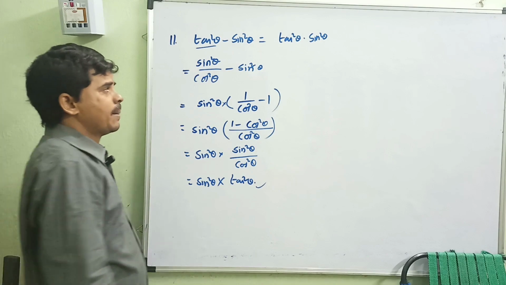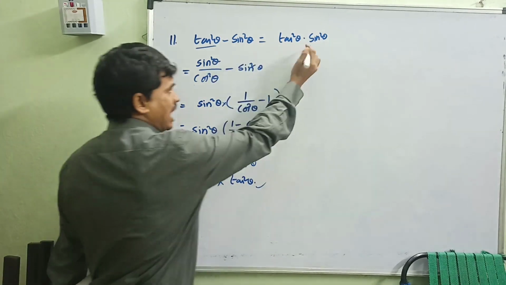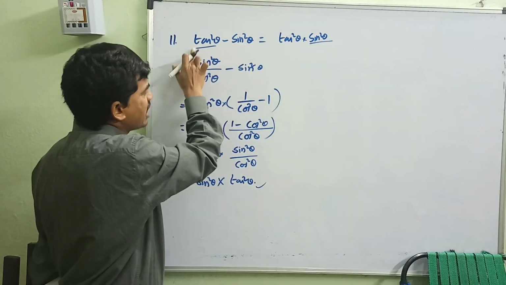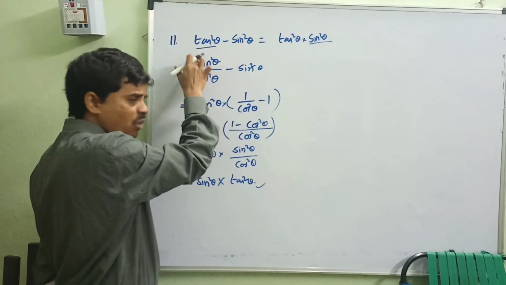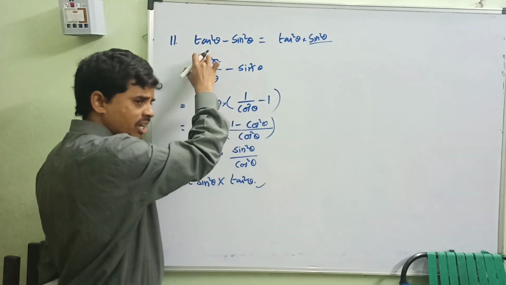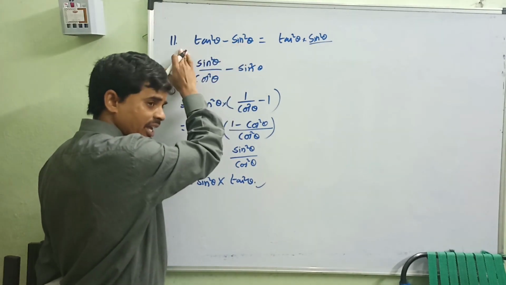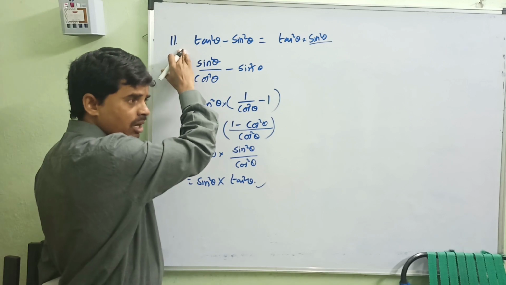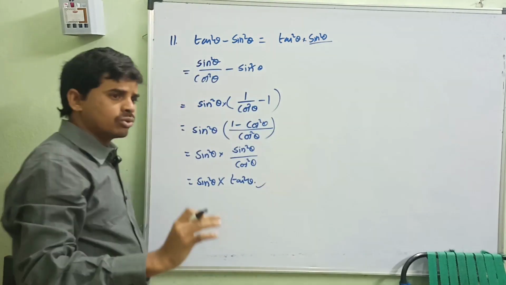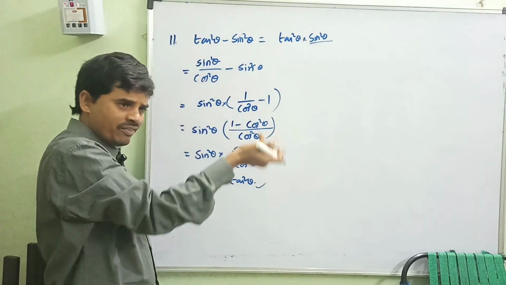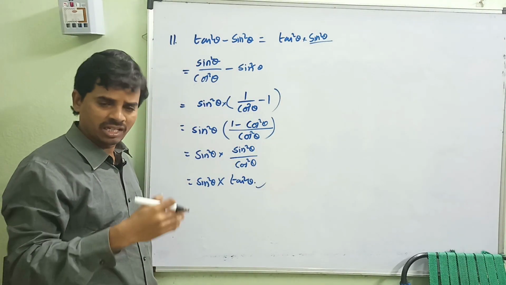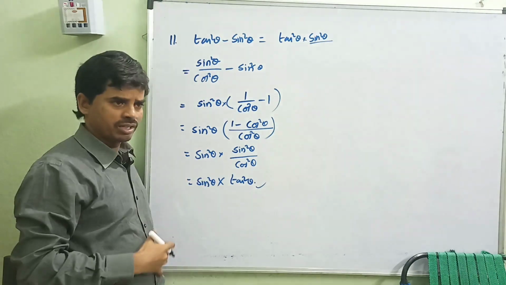So sin square into, I can take sin square because tan square I can write as sin square by cos square, and sin square we can take common. Then we will get first sin square into, and from the remaining part maybe we will get tan square. I assume like that. So we got it.